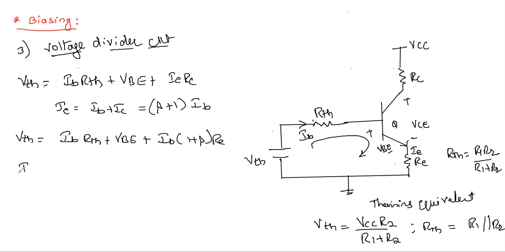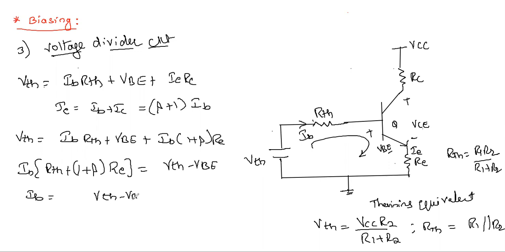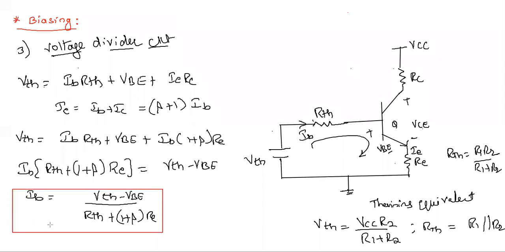So IB into RTH plus 1 plus beta into RE is equal to VTH minus VBE. So IB is equal to VTH minus VBE divided by RTH plus 1 plus beta into RE. This is the IB current which is flowing.